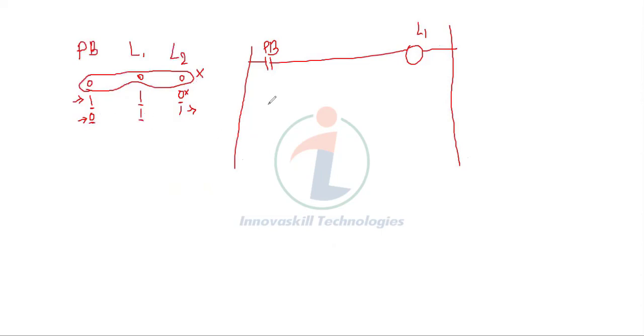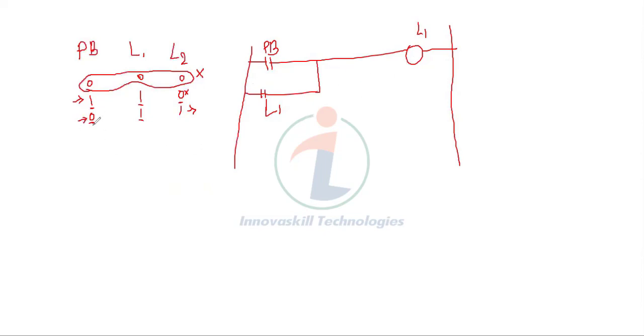So in order to make this output continuously on, I have to latch it like this. When you press the push button, L1 will be on. When you release the push button also, L1 will be continuously on because of this latching.